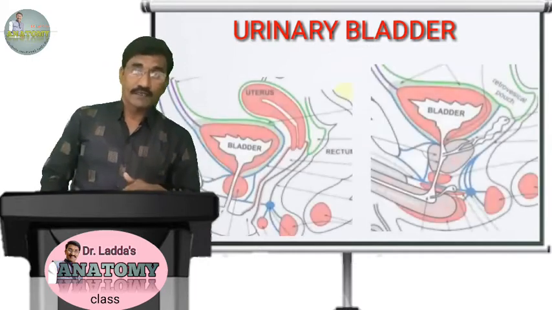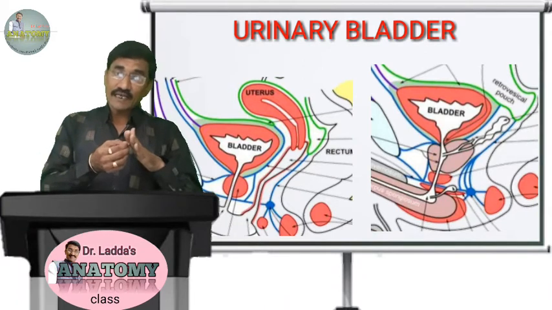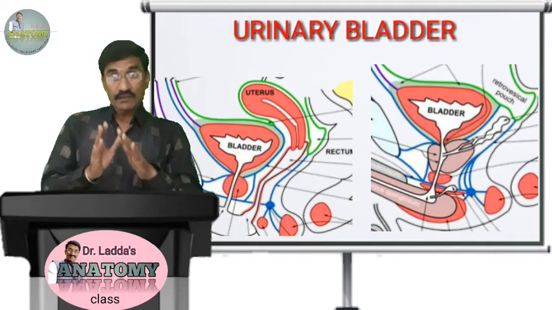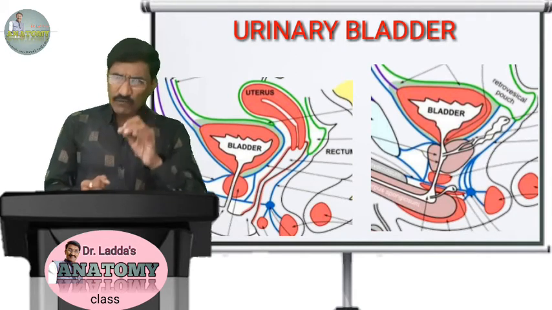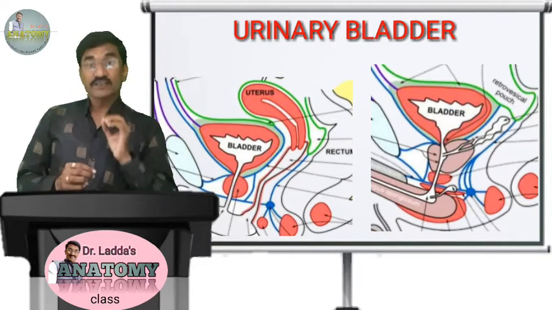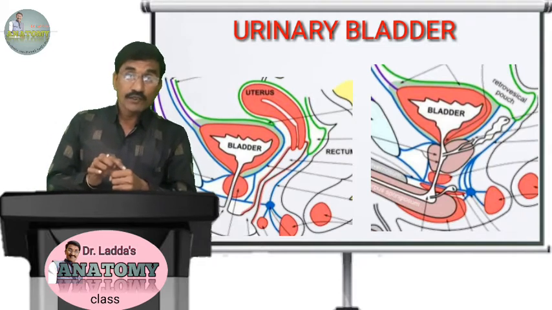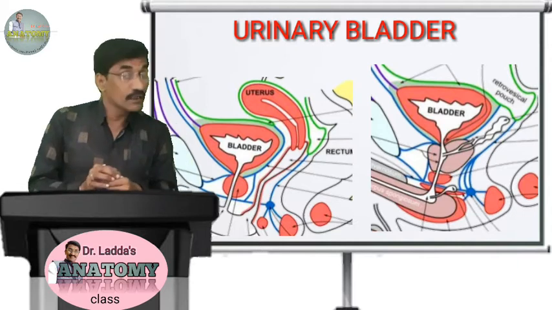Now about the neck. We know in the last video we discussed that the neck is the most fixed part of the urinary bladder. Even if the bladder is full or empty, it is the most fixed part. And one thing we know is that this neck is pierced by the internal urethral orifice.